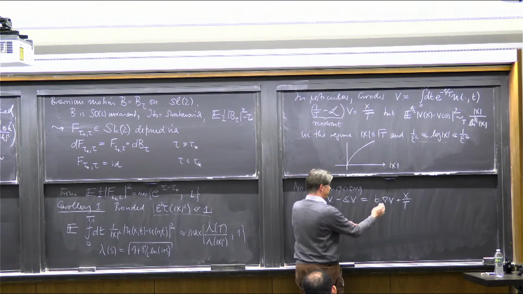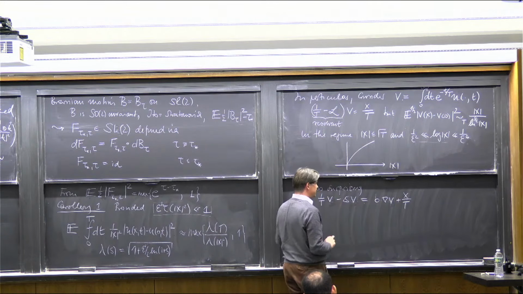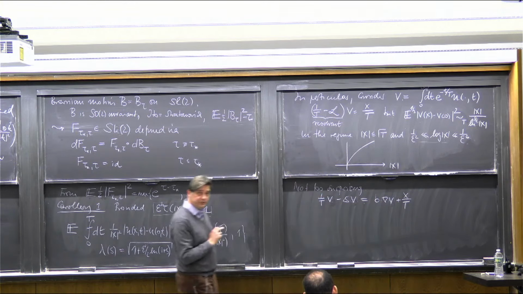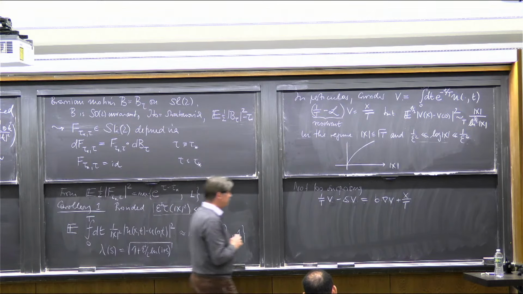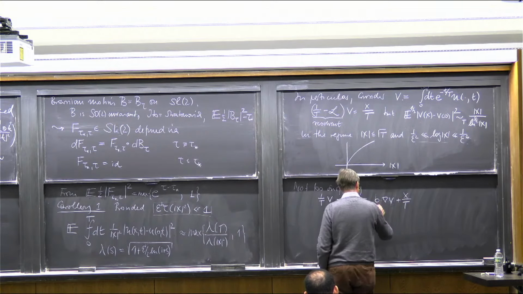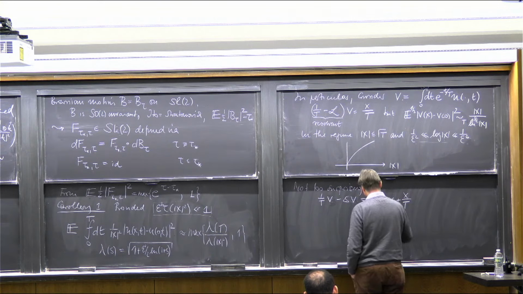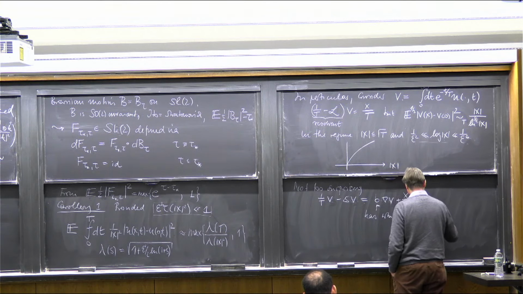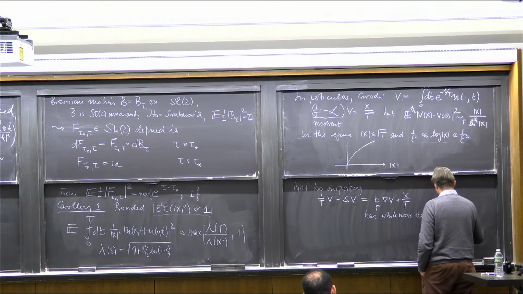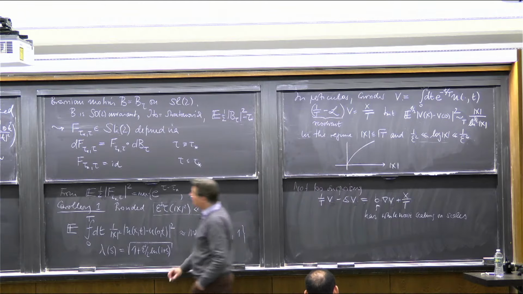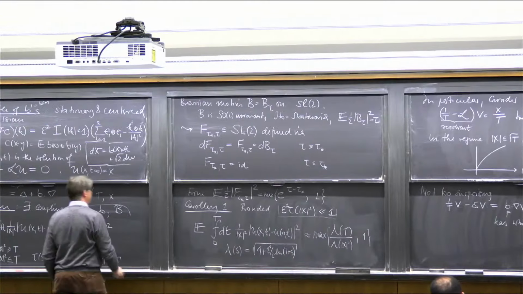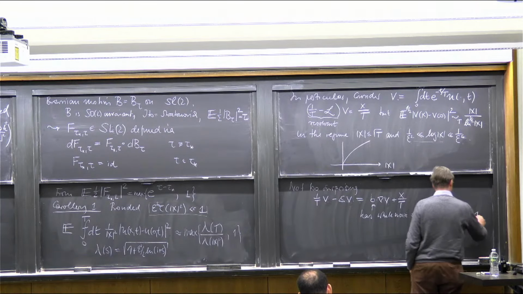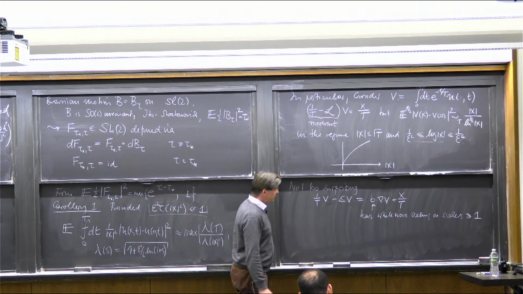Assume for a moment that V was as nice as you wish, so that the regularity of this term is really limited by the regularity of B. And by our assumption, B has white noise scaling on scales which are large compared to 1, on wave numbers which are small compared to 1.